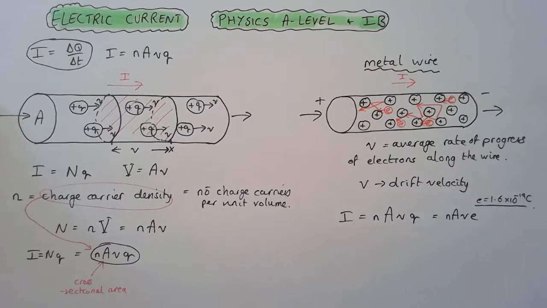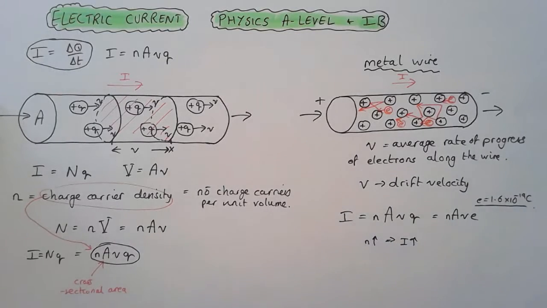It's worth just noting in this expression how the various terms would affect the current if they changed. And remember that something that affects the current is also an effect on the resistance of the material. So if I had a metal wire and increased, for example, n, you can see that if the charge carrier density went up, then that means the current would also go up.